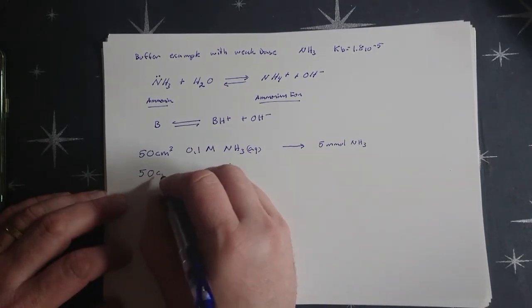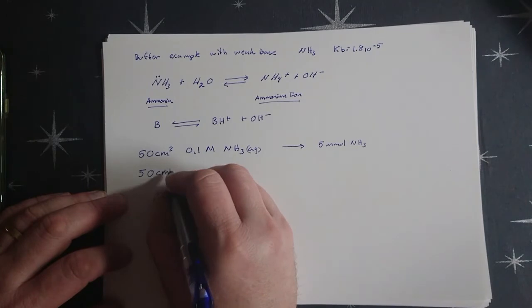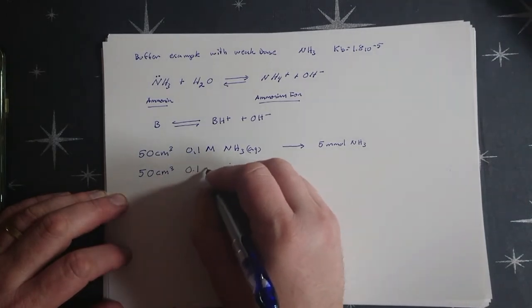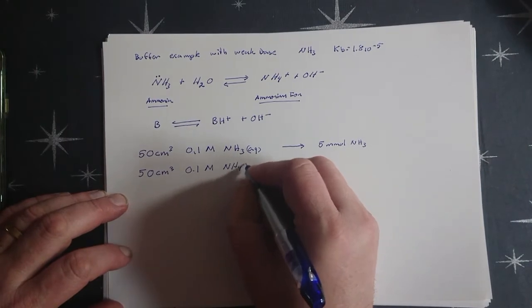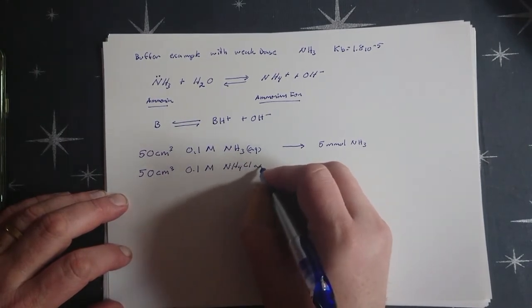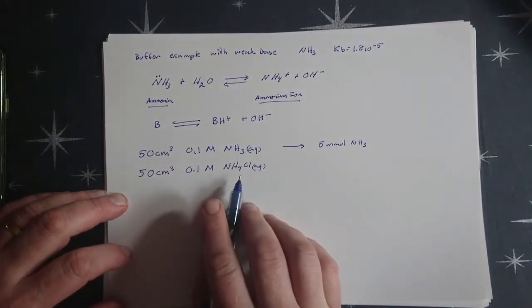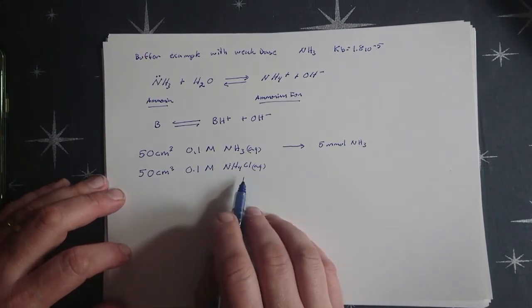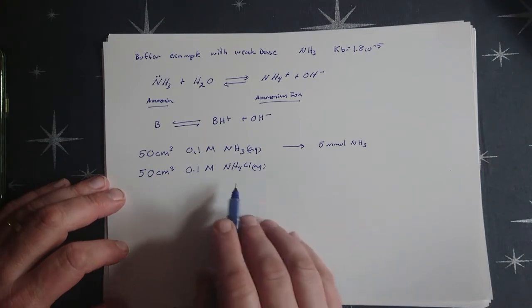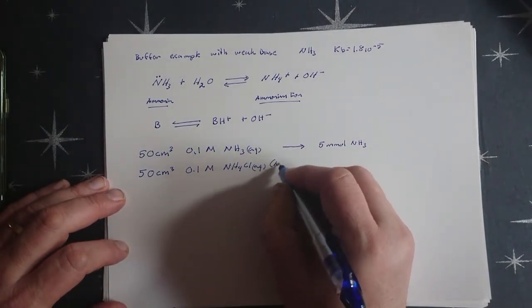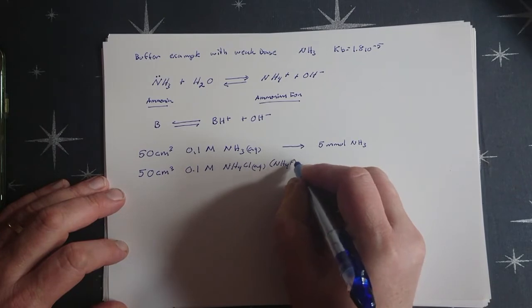And then we take 50 cubic centimeters of 0.1 molar NH4Cl aqueous. Now, NH4Cl aqueous is actually that ammonium chloride, but the chloride ion in this case is basically just a spectator. So what we really are talking about is NH4 plus.